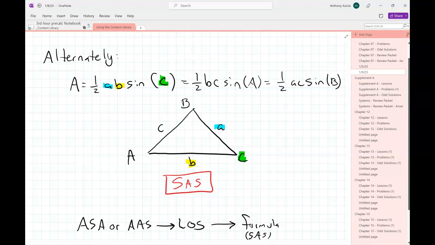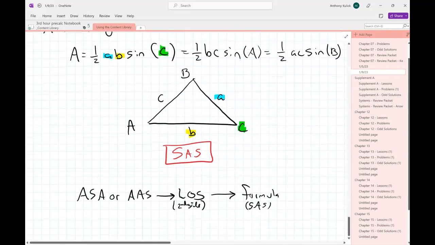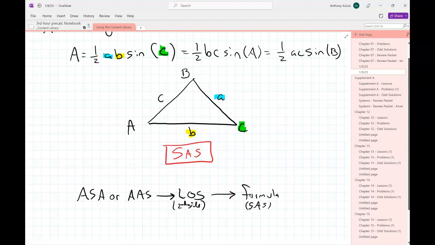Right? So if I don't have enough to do that formula, I can just do the law of sines to get a second side. And then I can plug it into the formula now because I'll have two sides and an angle between them. So I'll be good.